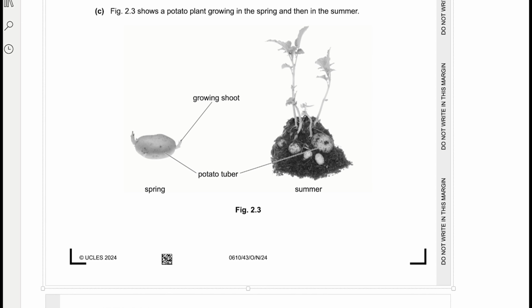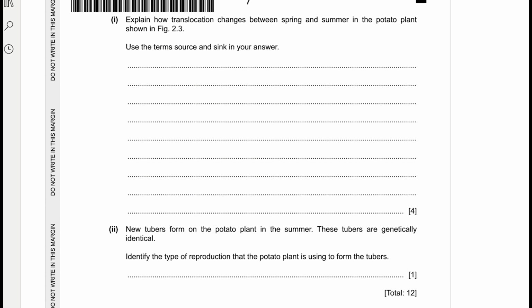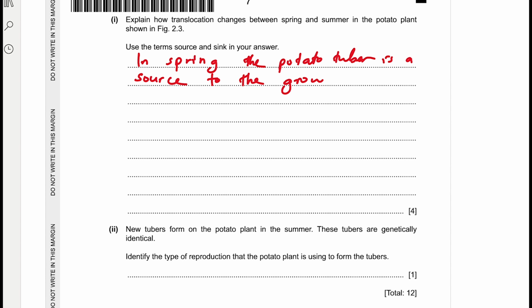So we can say here, in spring, the potato tuber is a source to the growing shoot, providing it with substances needed for growth.